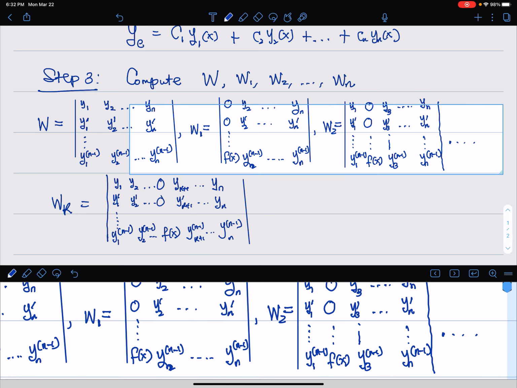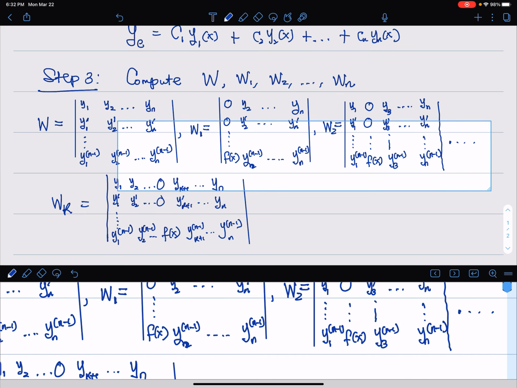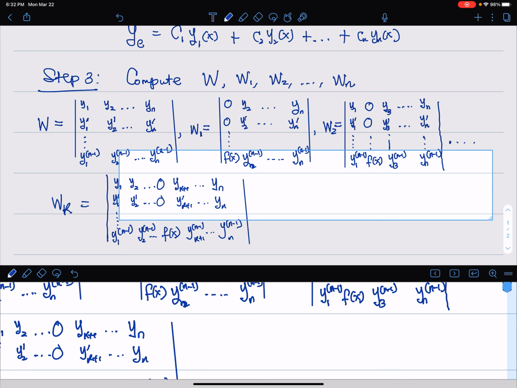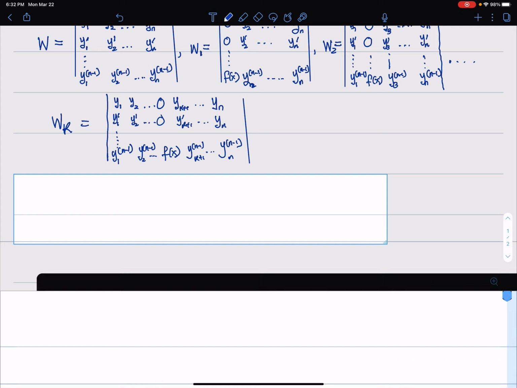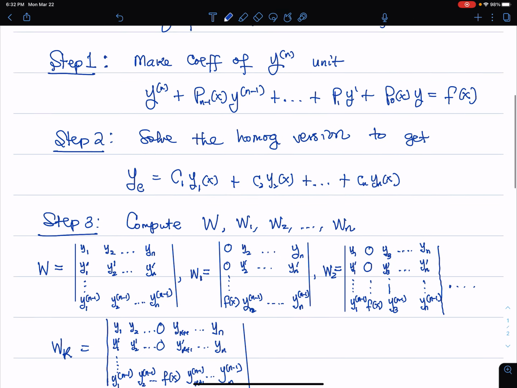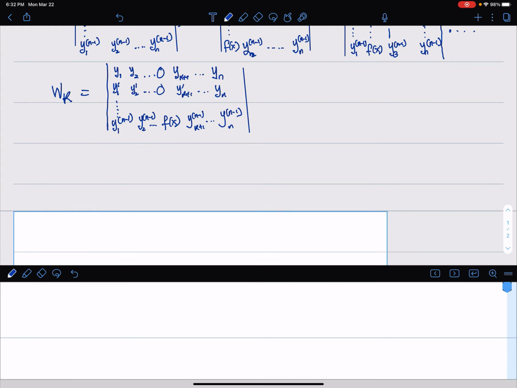You go to the column corresponding to the number, and then you replace everything with 0 until you get to the last entry in that column. You put f of x in it. All right, so we know how to define our W's. There's a lot of explanation involved in that W, but we're not going to bother ourselves with that. So that's step 3. Let's look at step 4.